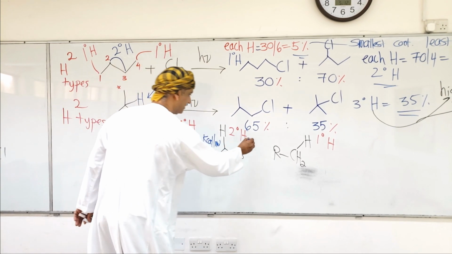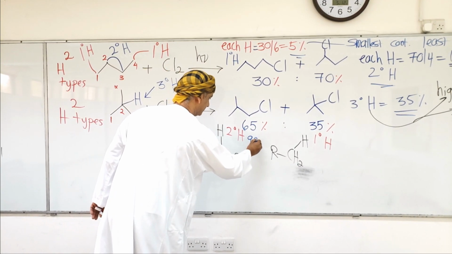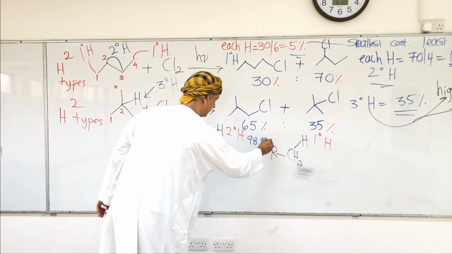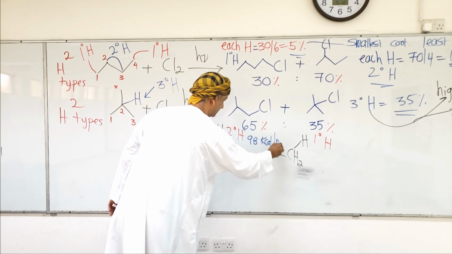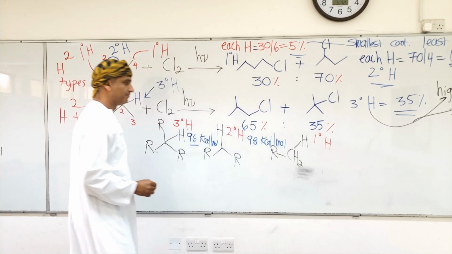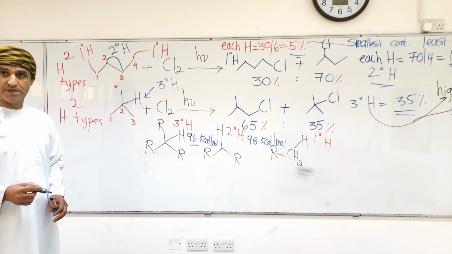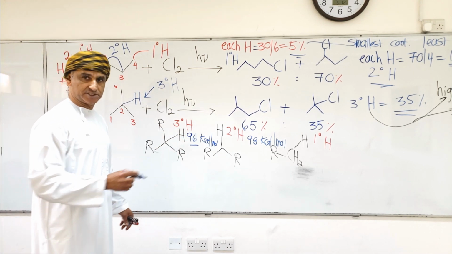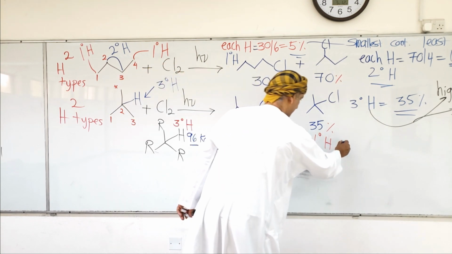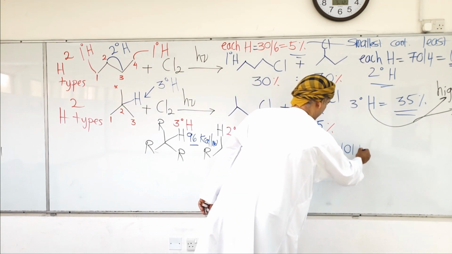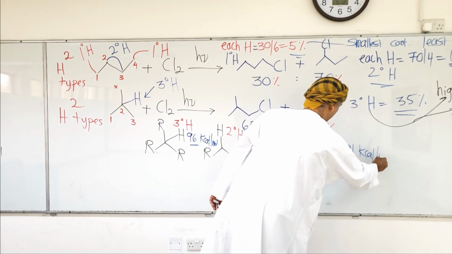For the secondary hydrogen, it is 98 kilocal per mole. The bond dissociation energy for this secondary hydrogen is 98 kilocalories per mole. The bond dissociation energy for the primary hydrogen is 101 kilocal per mole.